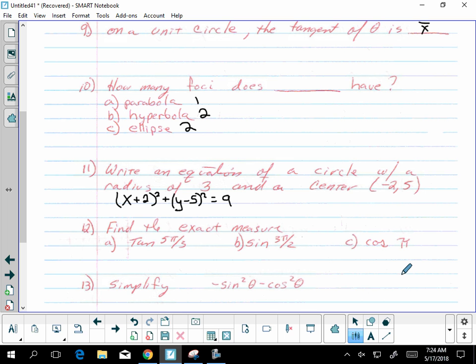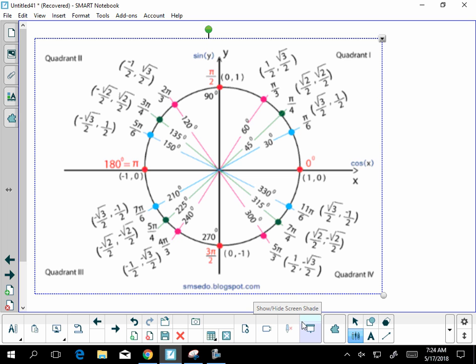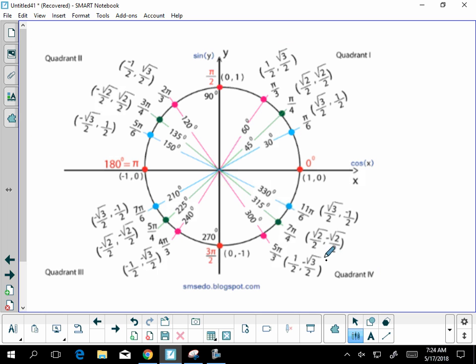All right, we want to find the exact measure of the tangent of 5 pi over 3. So let's go ahead and see if we can find 5 pi over 3. It's right here.